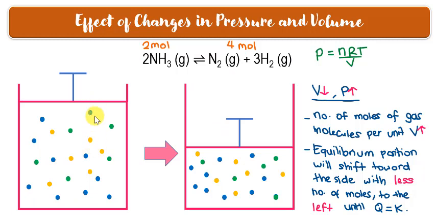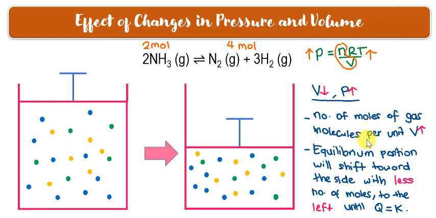If we press down on the piston to halve the volume, the gas pressure will double. Decreasing the volume will increase the pressure. When the pressure increases, the number of moles of gas molecules per unit volume also increases.